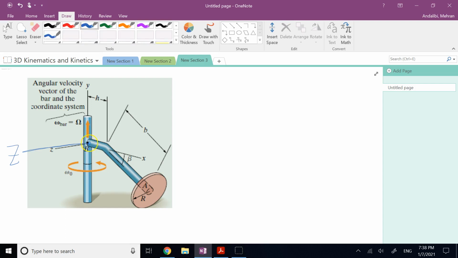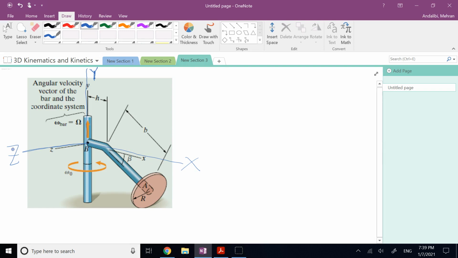Okay, now it does not mean that these axes always stay on top of each other. No. As time goes a little bit, the capital XYZ is not going to move, but the small xyz is going to rotate. So the direction of small y is going to be on top of capital Y, but the small x and big X and small z and big Z would have different directions.